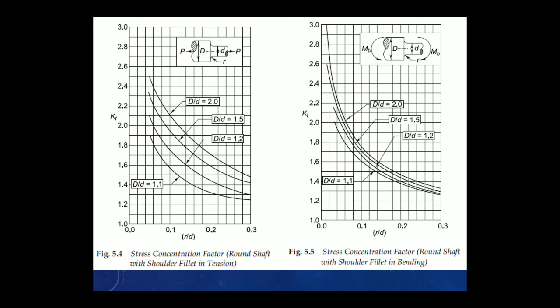Similarly, for the round shaft with shoulder fillet in bending, we can find the stress concentration factor with the help of this chart and the D by d ratio and r by d ratio.